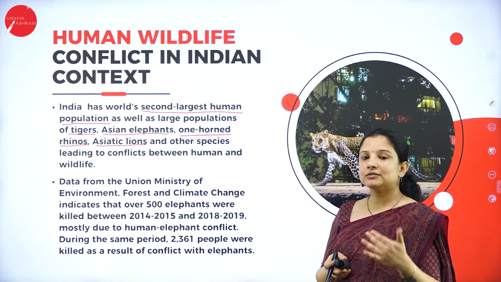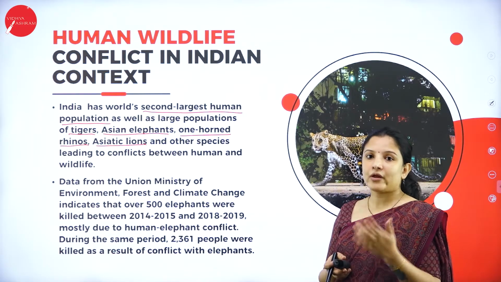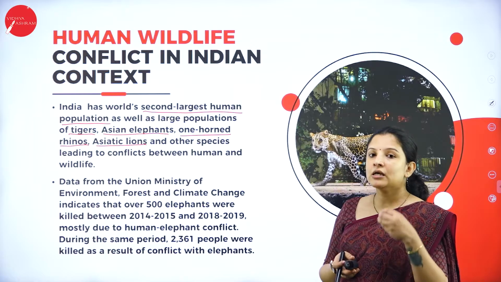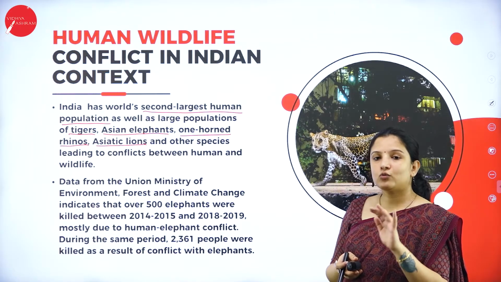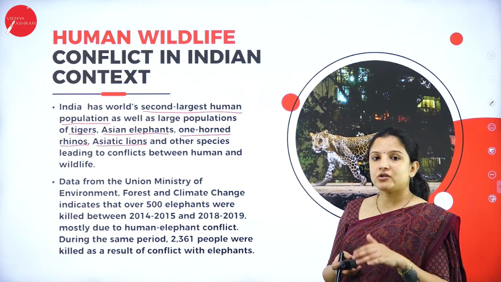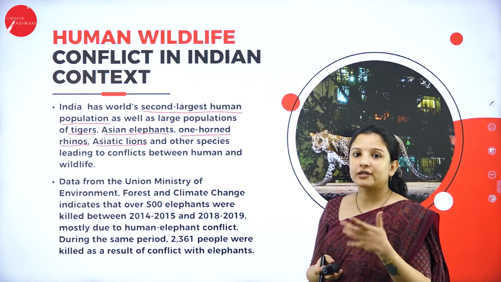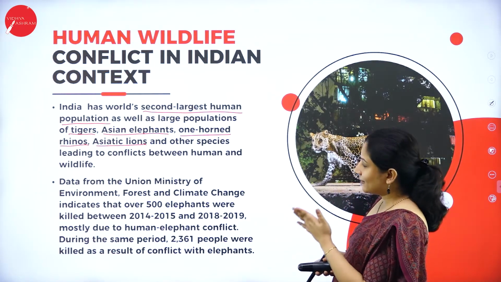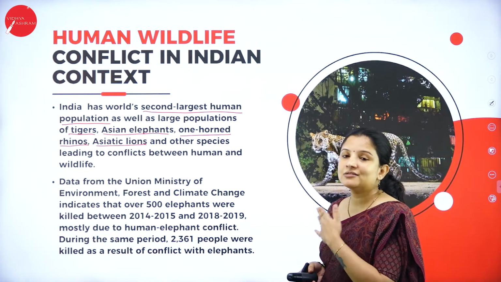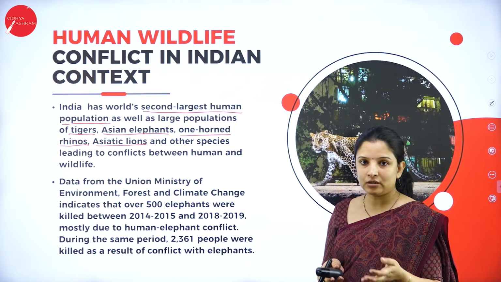Because human beings are greedy, as and when the population increases, we are not satisfied with whatever space we have. We try to conquer the forest also, and that is the reason why animals start entering human dwellings.